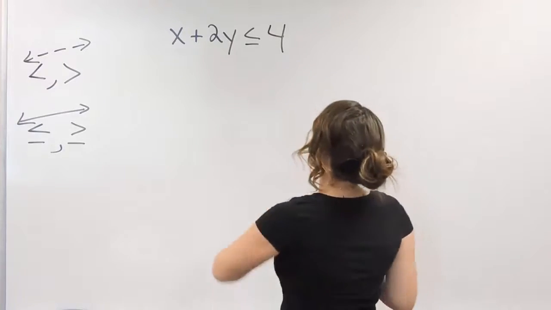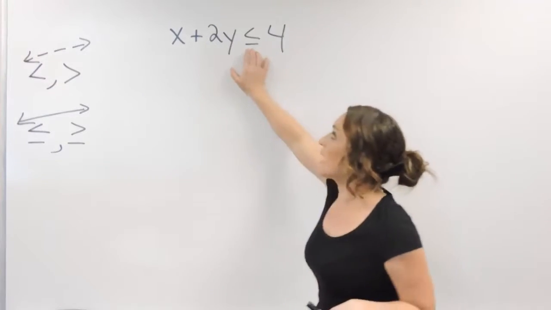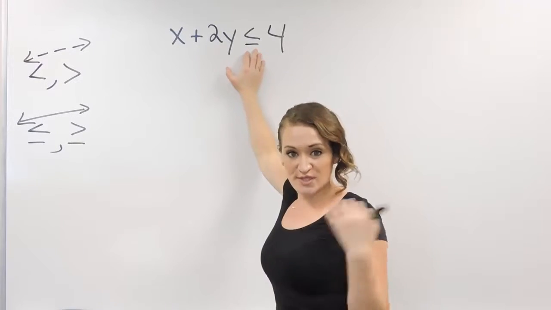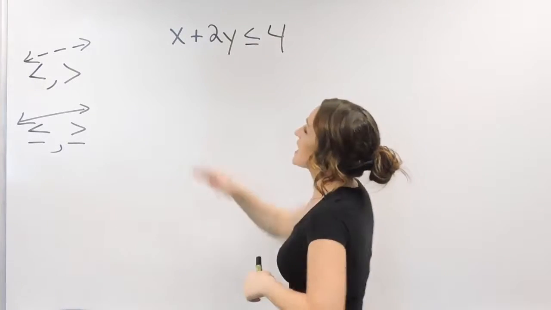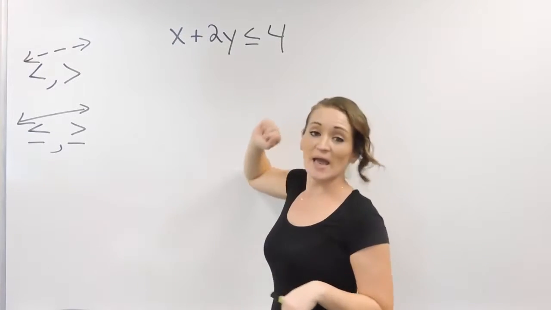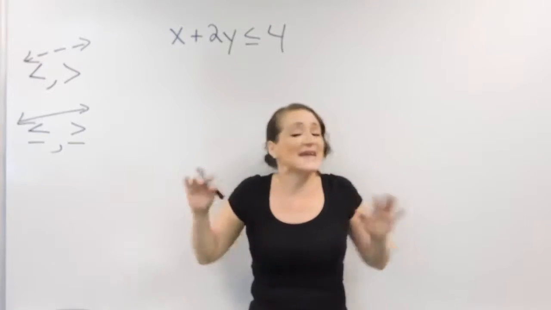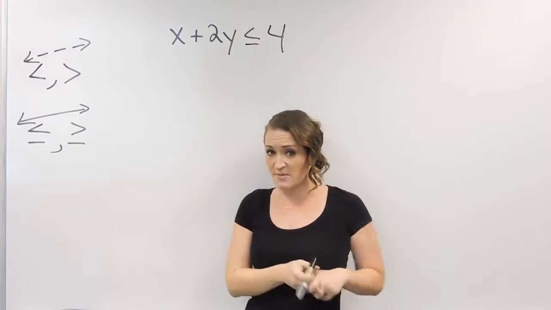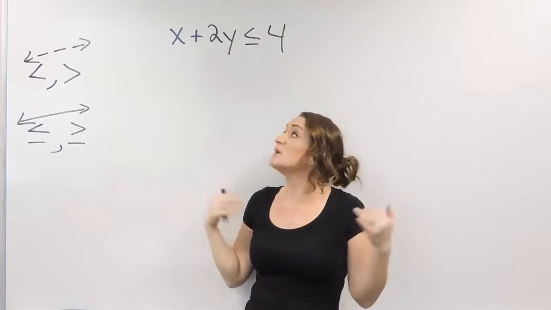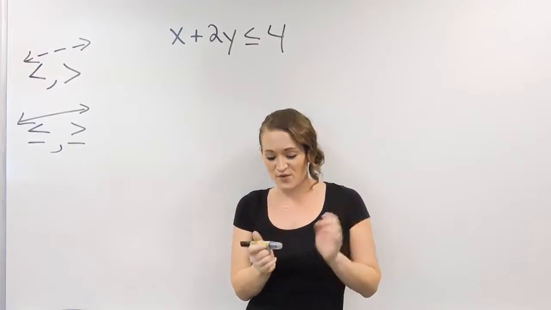So we're first going to focus on how to graph the actual line itself. Then we'll worry about what this less than or equal to sign is going to do for our graph here. So here we have this example, x plus 2y is less than or equal to 4. When it comes to graphing any kind of line, we're going to focus on the slope-intercept method, which means in order to use it, we need to solve for y.